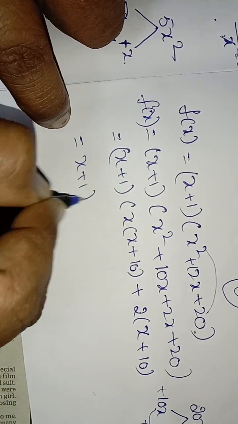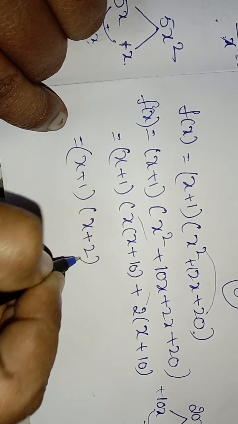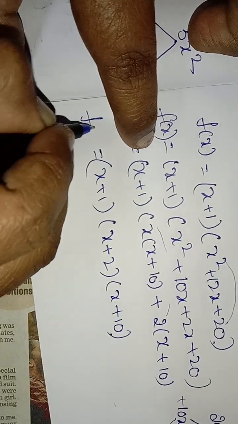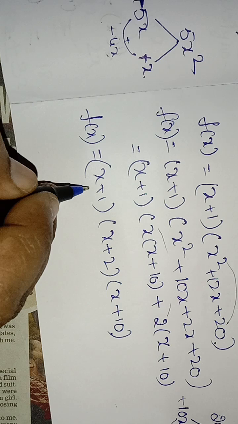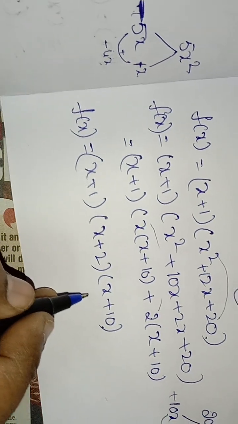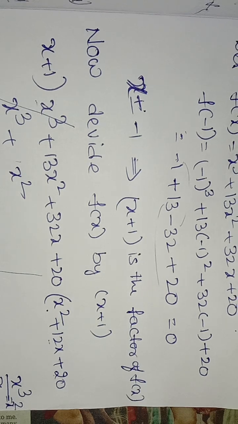So x plus 1, and taking x plus 10 common again, x plus 2, x plus 10. So f of x is the product of x plus 1, x plus 2 and x plus 10. These are the factors of the given equation.